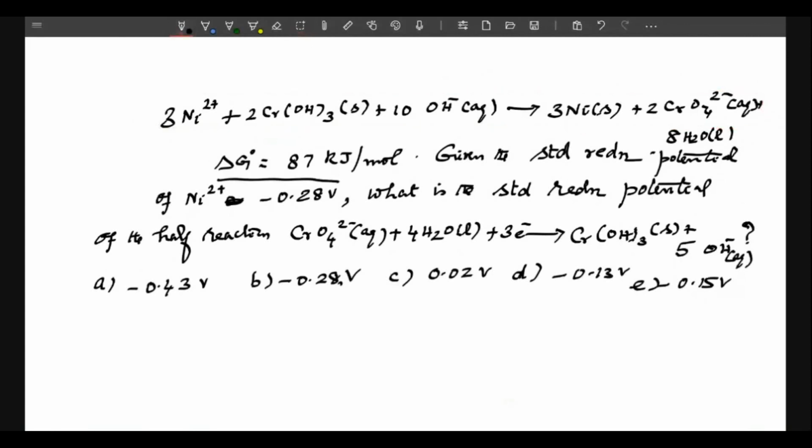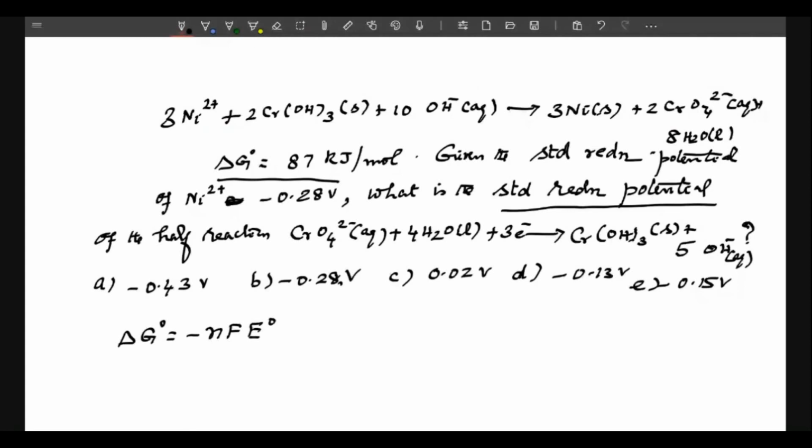For this cell reaction, you are given the delta G value, and from it you are asked to calculate the standard reduction potential. Therefore, there should be a relationship between delta G and the potential. I have already told that delta G naught is equal to minus NF E naught.